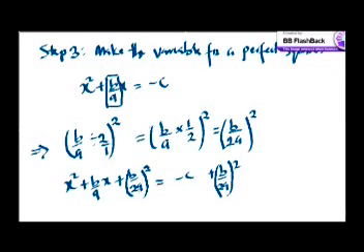Remember, whatever you add to your left hand side, you must add to your right hand side to make the equation balance. That is the same as having x plus b over 2a all raised to the power of 2, if you factorize it, is equal to minus c over a plus b over 2a all raised to the power of 2.